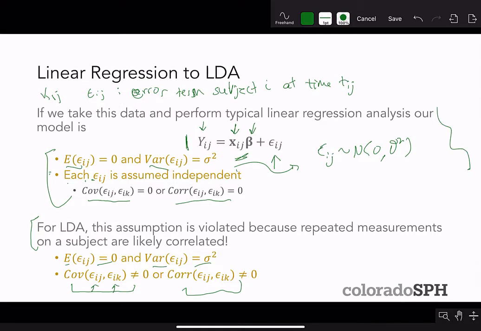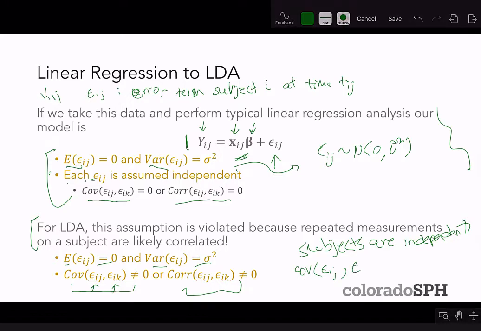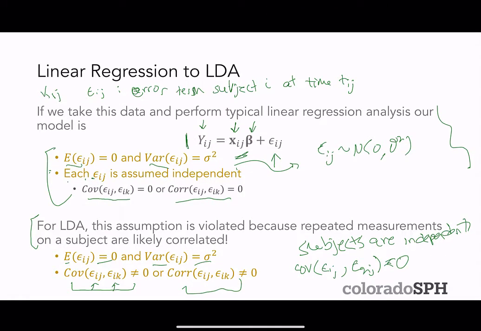And subjects being independent means that even though the covariance between errors on the same subject is not 0, the covariance, let's say, between subject 1 at time point j and subject 2 at time point j will be equal to 0, because errors from different subjects will be independent.